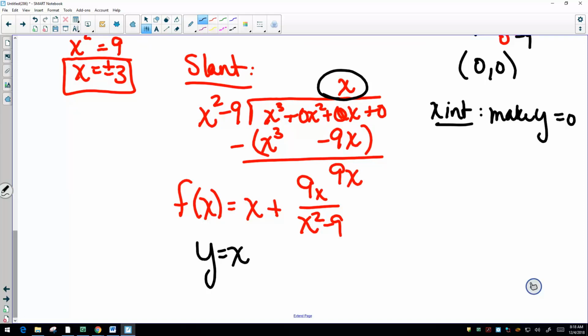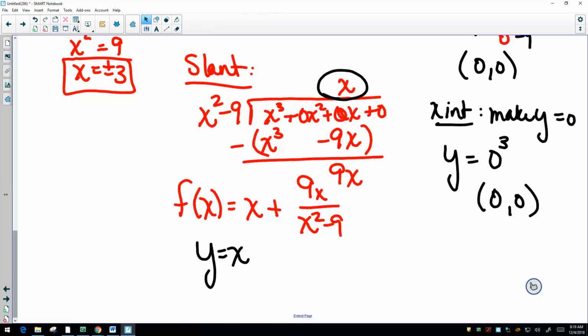So to solve for that, all I have to really do is think, okay, make x cubed equal to 0. And what we're going to find when we simplify is 0 cubed is 0. So what is that telling me? That's telling me my x-intercept then is going to be located at, still again, 0, 0. So we have found all of those.